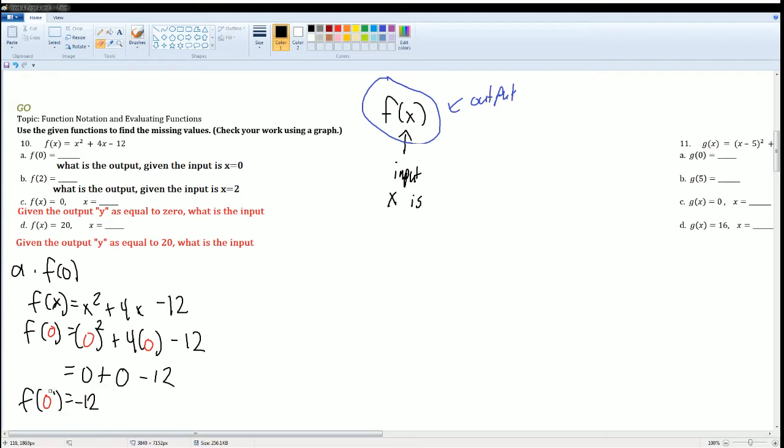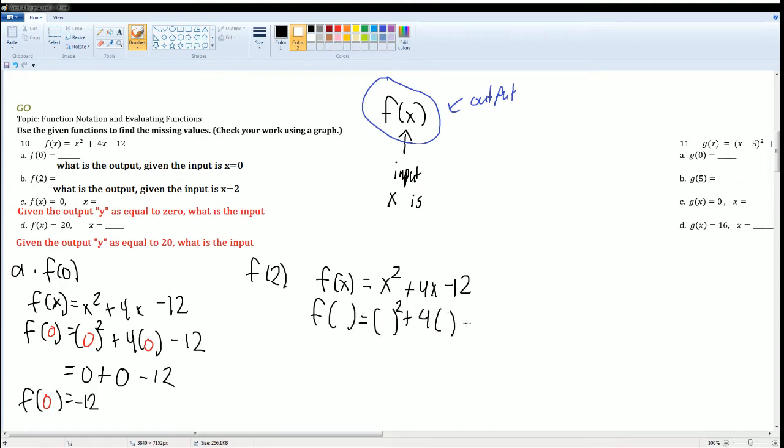All right. The next one, done basically the same way. F of 2. I always start by writing the equation. F of x is equal to x squared plus 4x minus 12. I know it's a waste of time, but I just do it. Wherever I put the x, I put the parentheses.